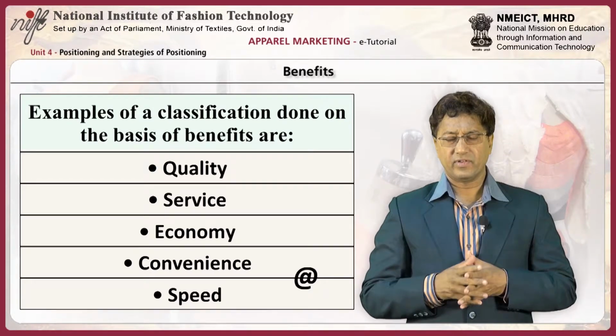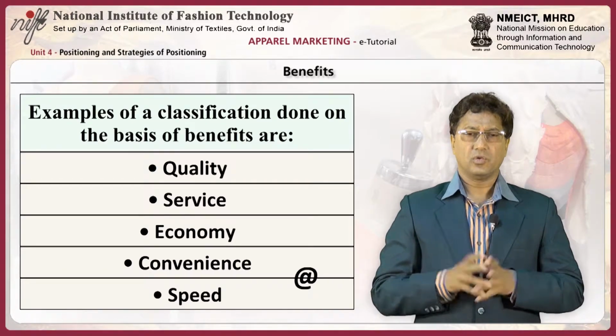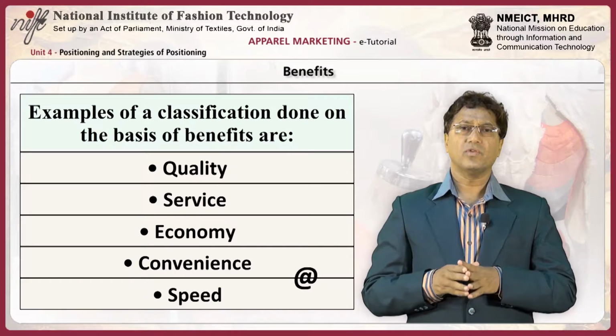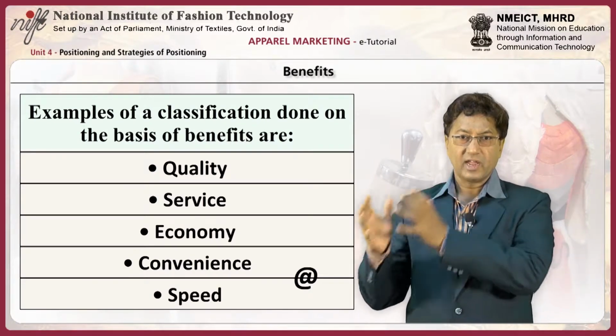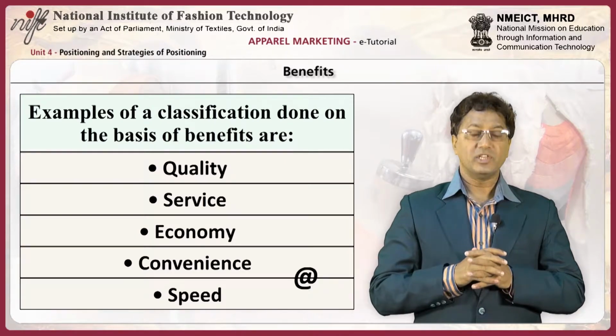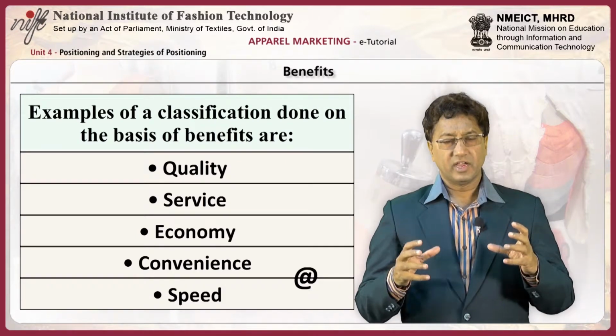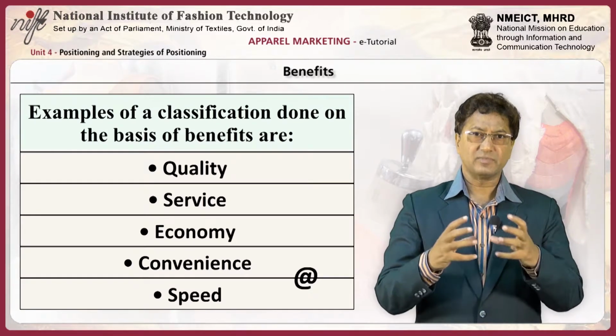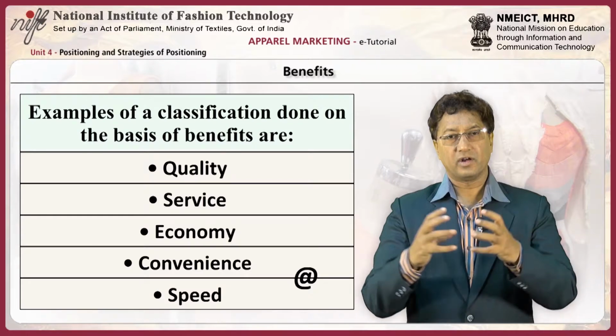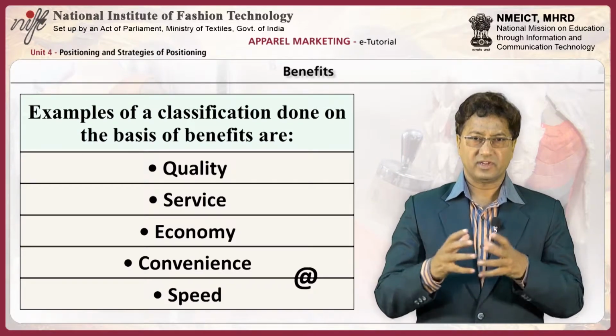The next classification is done on the basis of benefits, that is quality, service, economy, convenience and speed. There are a lot of internet customers who buy online who look for convenience and speed. So they are a different segment which is looking for a benefit in terms of convenience and speed. There are some customers who look only for quality. There is a benefit.